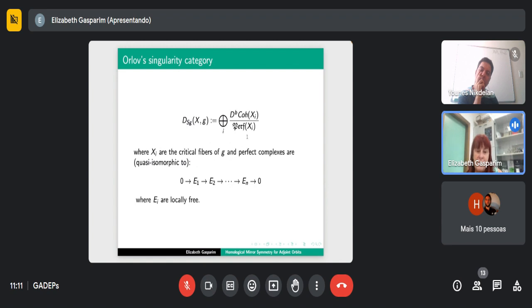A sheaf, or a complex, is called perfect if it's of this type, or quasi-isomorphic to that, so that if your variety is smooth, then this quotient will be zero, because then all the coherent sheaves satisfy this type of thing. Therefore, this quotient actually measures the singularity of the variety.